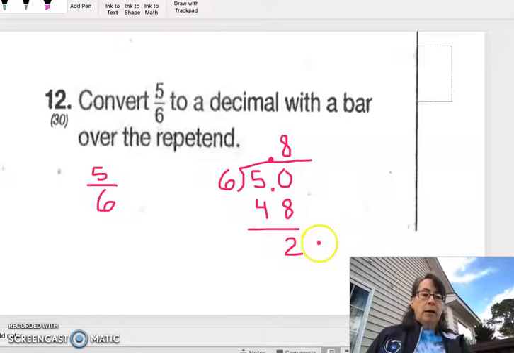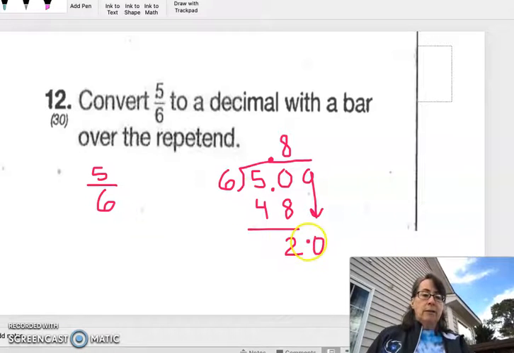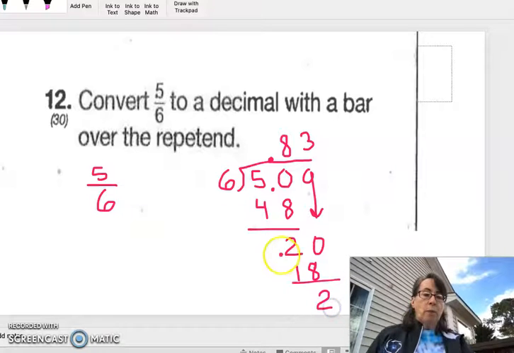But we want to keep on dividing. So we'll bring down another 0. And 6 into 20 is going to go 3 times, because 6 times 3 is 18. And guess what? We have another 2, which was what we had before. So we don't have to keep on doing this. We know that we had a 2 here. It gave us a 3.